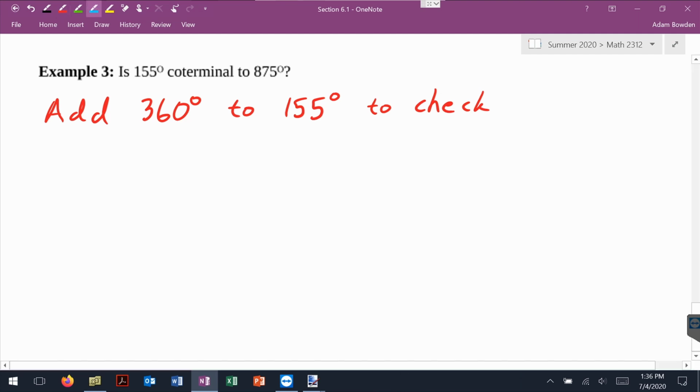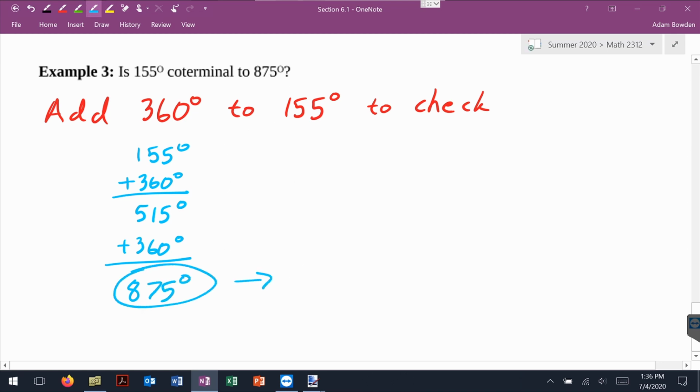So let's start off here. We'd have 155 degrees plus 360 degrees. That comes out to be 515 degrees. Okay, we're not to 875, so let's try it again. Let's add another 360. And if we do that, that does add up to be 875 degrees.